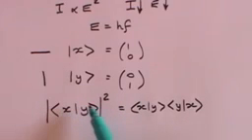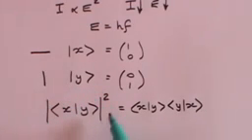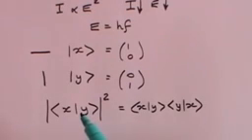Why is this inner product the probability amplitude? And why is the square of the probability amplitude the probability? There is no way of proving that. That was a quantum mechanics principle or a concept. I think it was developed by Max Born, who simply asserted it.